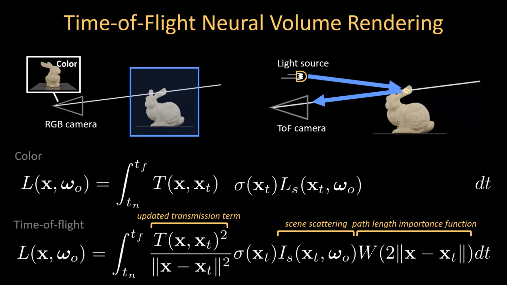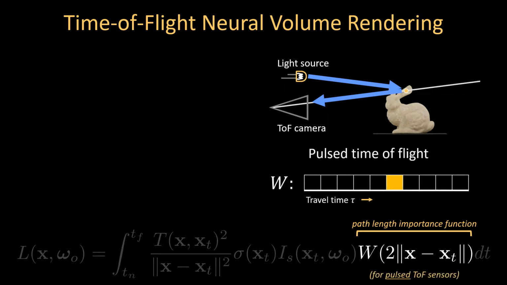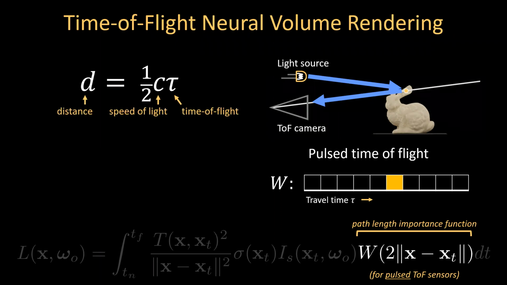In a direct time-of-flight system, or pulsed time-of-flight, you can think of W as just being like a one-hot vector, where at some point the light returns and you see the light. And so the travel time tau is just at some resolution of my clock when the light returns. Then from whatever that one-hot vector is, I can go and compute the distance from the formula that I had before. That does LiDAR.